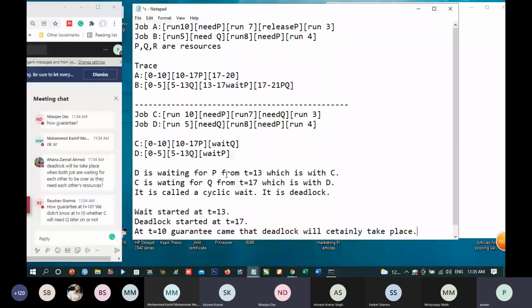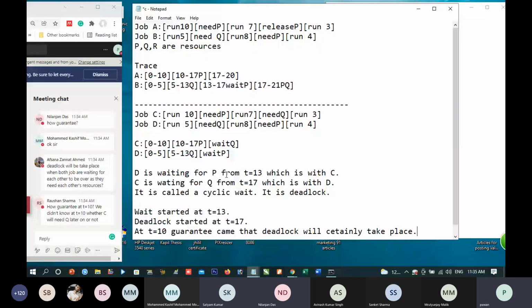Not only two, few jobs are waiting. No, Roshan. Assuming that there is a person who knows everything about the future, he can predict at t equal to 10 itself that the deadlock will take place. You are fully correct.